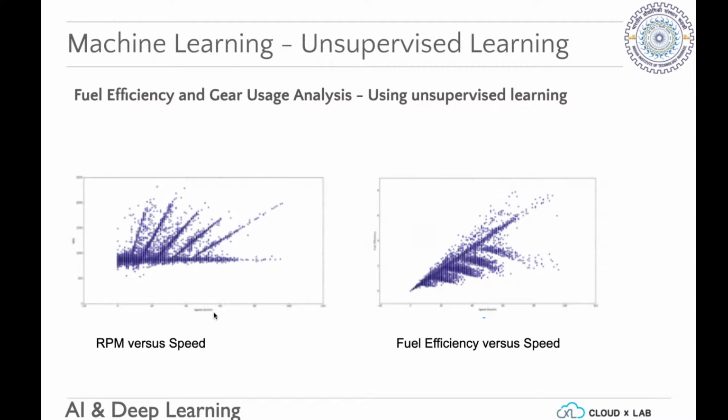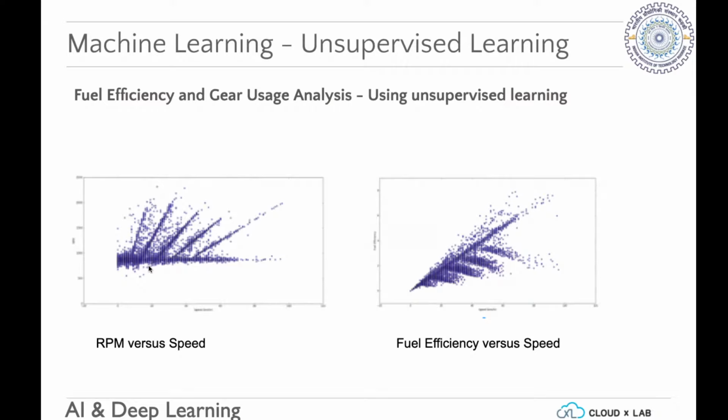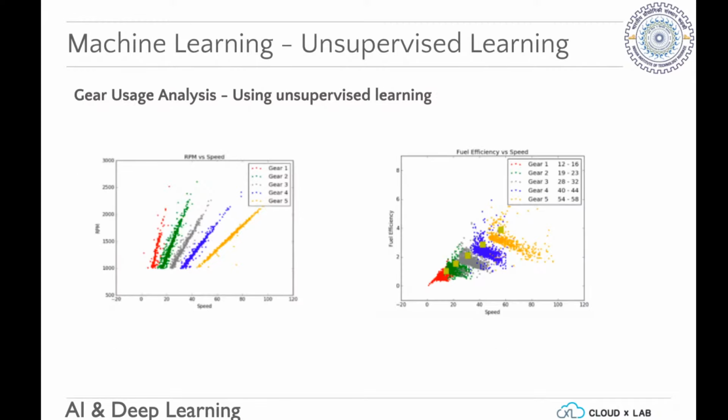Similarly, when we put the speed and RPM on a graph where we have RPM on the y-axis and speed on the x-axis, we again see these lines, these spokes. These spokes basically mean gears. We could run unsupervised learning after post filtering and identify each gear separately using just speed and RPM information.